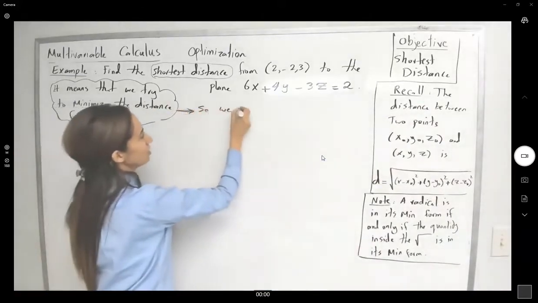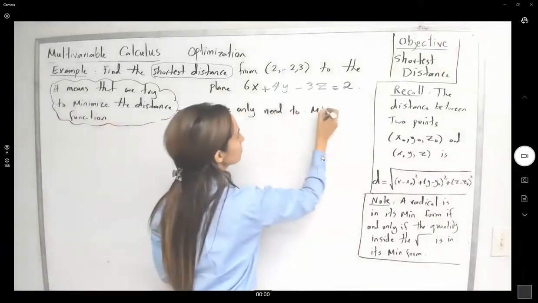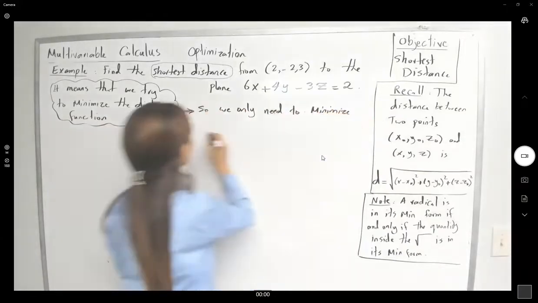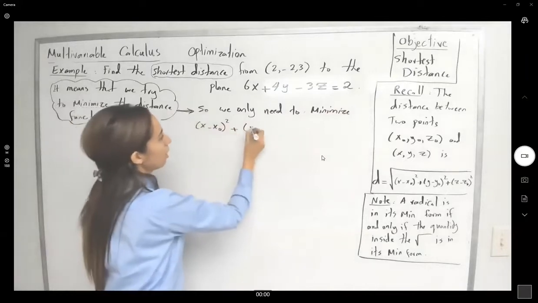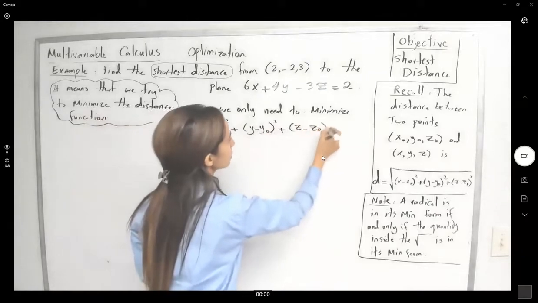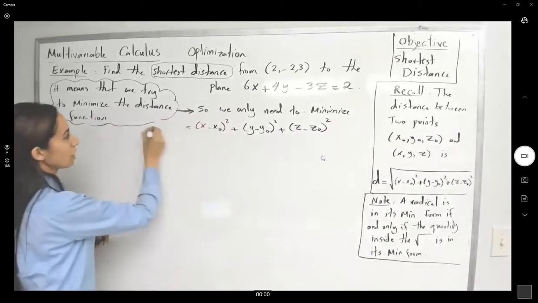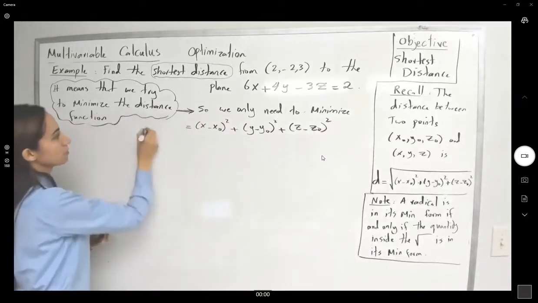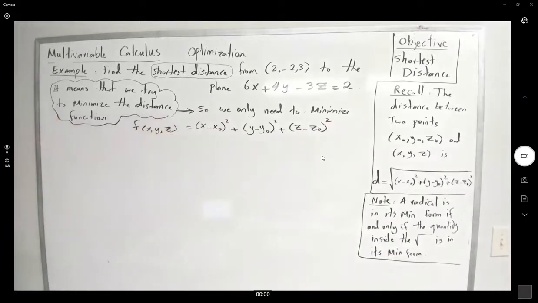So we only need to minimize x minus x sub 0 squared, plus y minus y sub 0 squared, plus z minus z sub 0 squared as our function. This is our function, f of x, y, and z, which is defined this way. There you go.